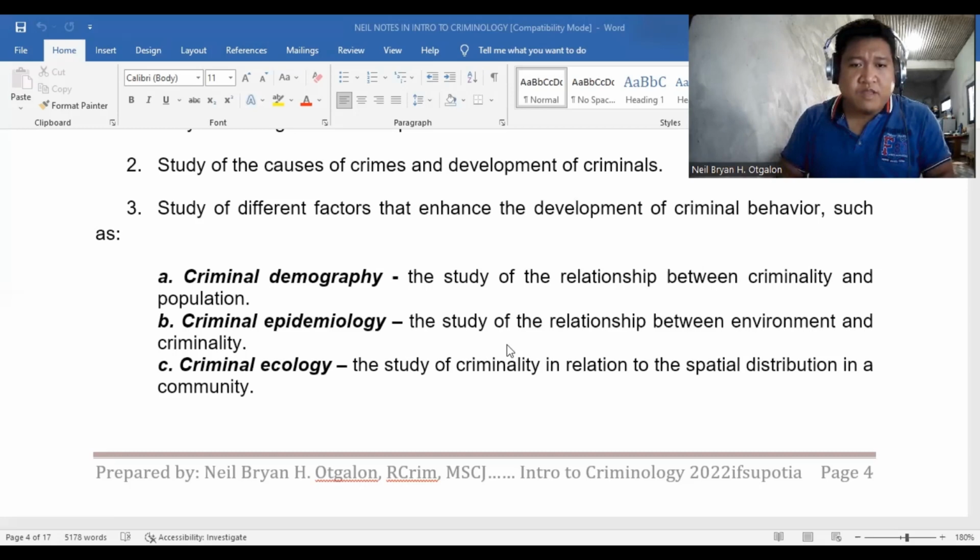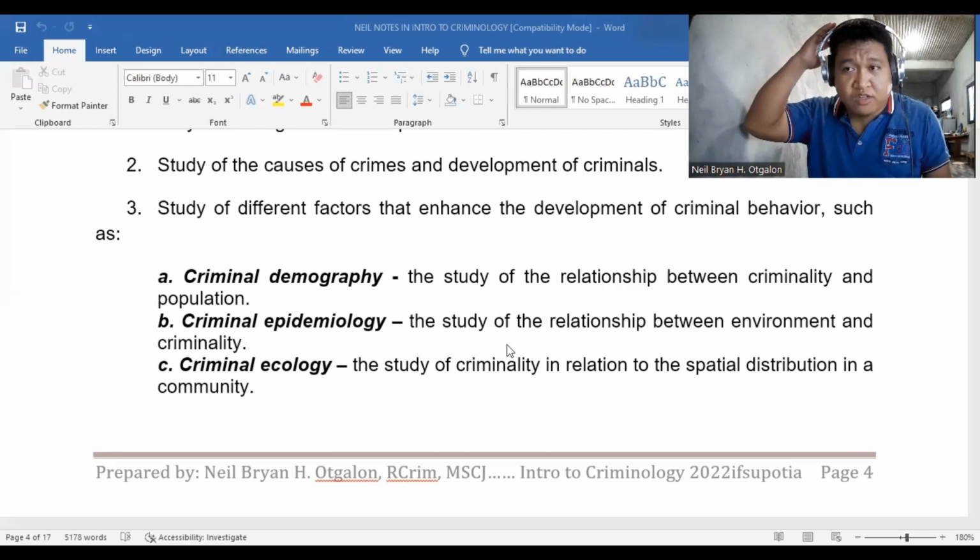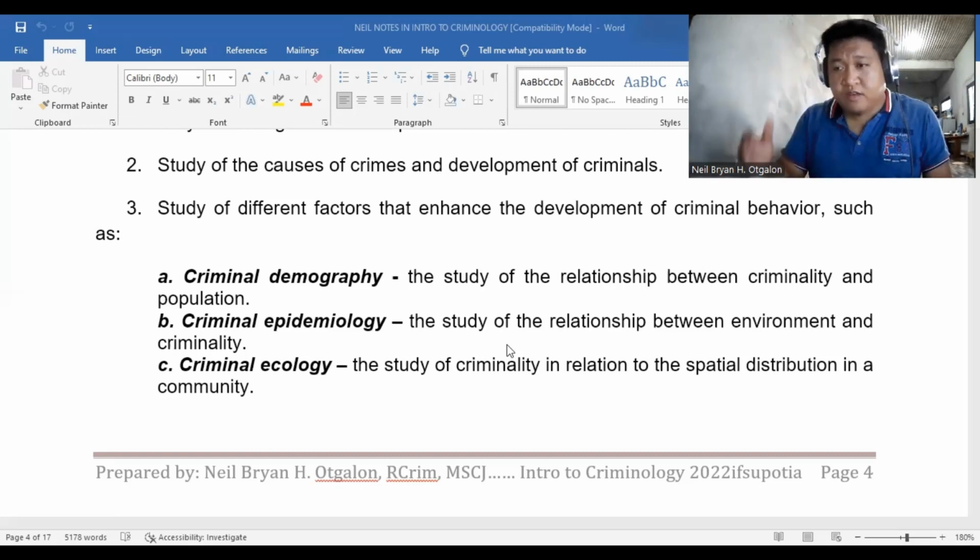Then also in criminal ecology, sa criminal ecology naman, this pertains to a situation na, for example, ang isang lugar, for example, yung Tondo, example lang. So if you are living in Tondo, they are saying Tondo, mostly are citing that Tondo is a squatter area, na facilities are not readily available.